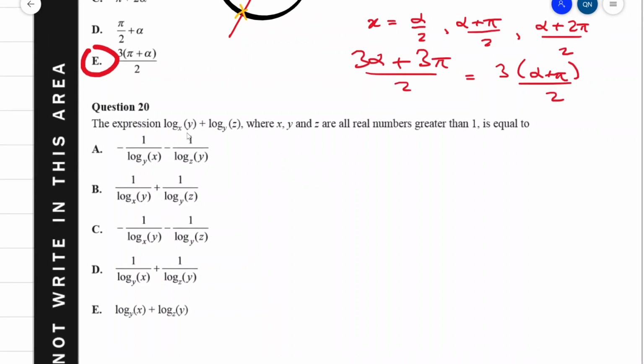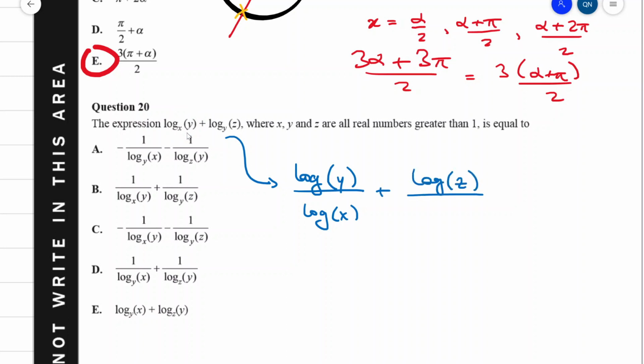So you can rewrite that guy over there to be, well, how do you change base? It's log base anything that you want, so I'll just leave an empty space there. Log base anything of y divided by log base anything of x. That's how you do the change of base for the first part, and then you also have log of z, so log base anything of z divided by log base the same anything of y.